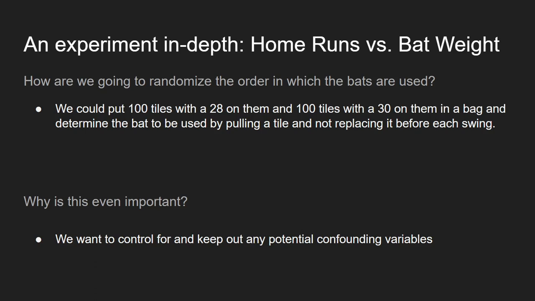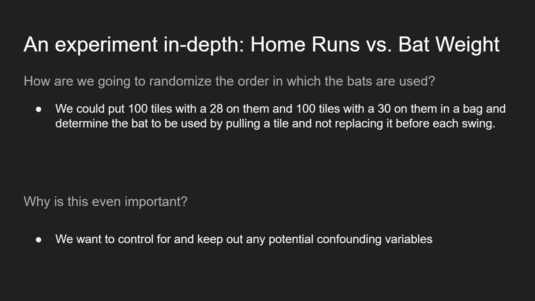Okay, if that was the case, maybe she was starting to get tired by the end. Swinging a bat 100 times or swinging a bat 200 times is not easy. All right, maybe the sun position changed significantly between when she was swinging with a 30-ounce bat, and when she's now swinging with the 28-ounce bat. Maybe the weather changed. Maybe the wind changed.